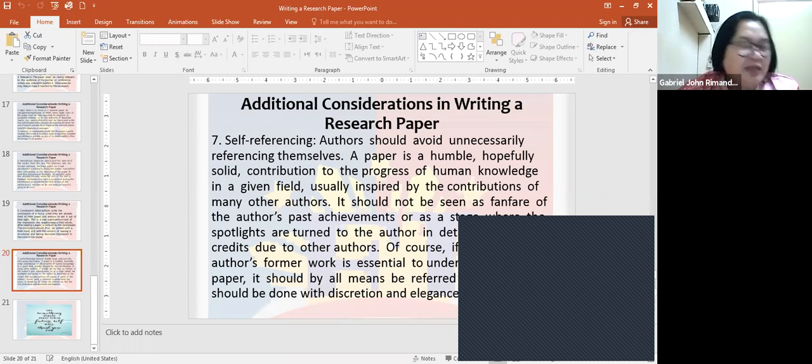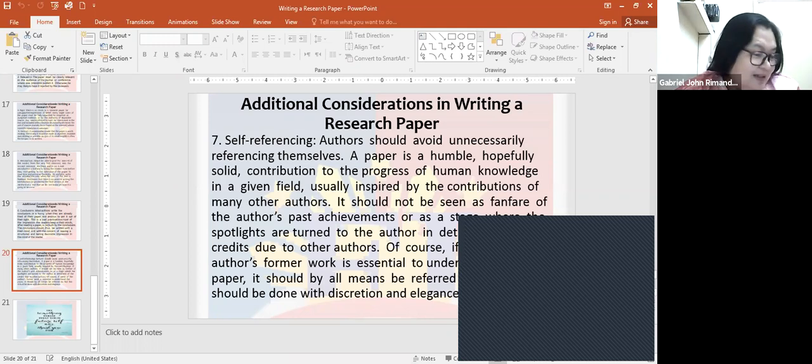Now, what we can do is, let's say, if our achievements in life would be very significant to be added as part of the references, or like we have researches in the past that were published, or we had written articles or books that can be used as references for our research work, we may do so. And that's where we can include ourselves.